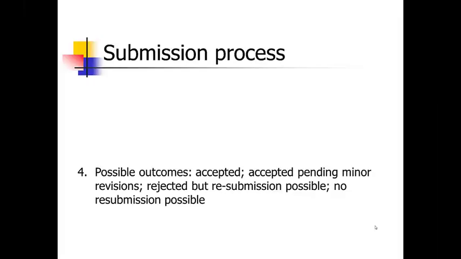So that means that they actually think that the paper will be publishable, or is likely to be publishable down the road, if you can address the concerns of the reviewers. And again, most papers that end up in the published literature have gone through this step. That is, they have gone through at least one round of revision and resubmission.